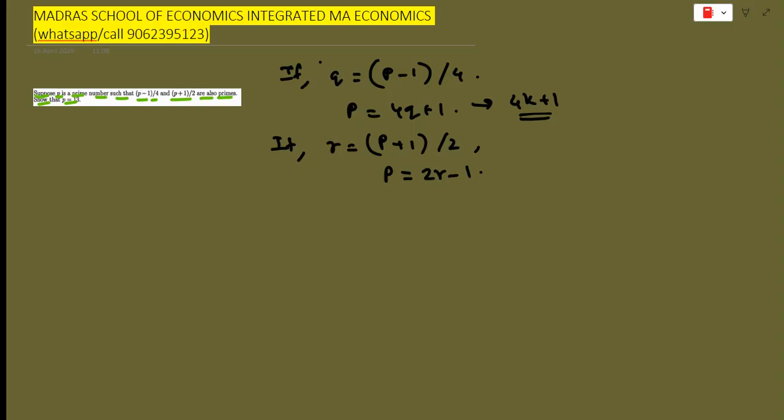Okay. So now suppose P is our prime. Now for (P minus 1)/4 to be an integer, P minus 1 must be divisible by 4. Right? So this means P must be an odd prime.